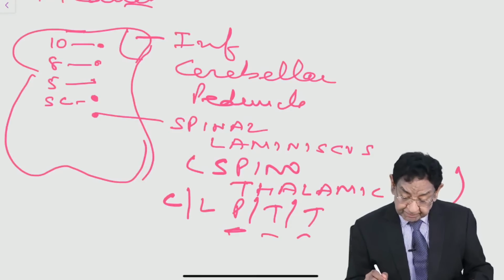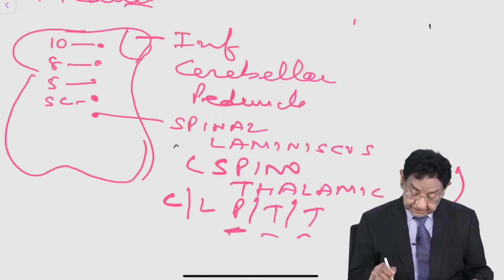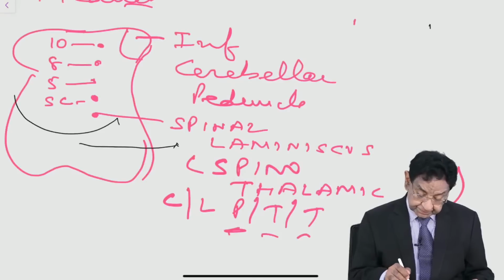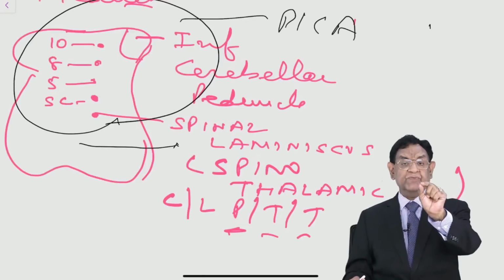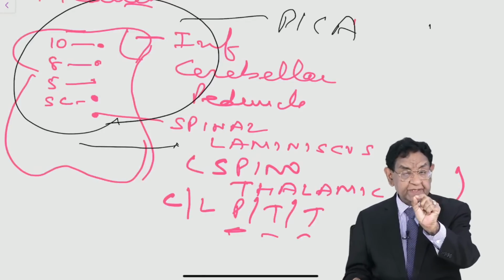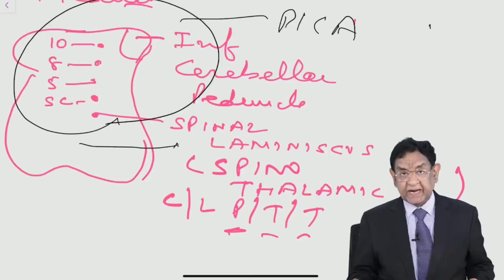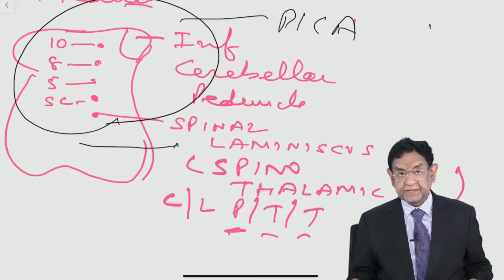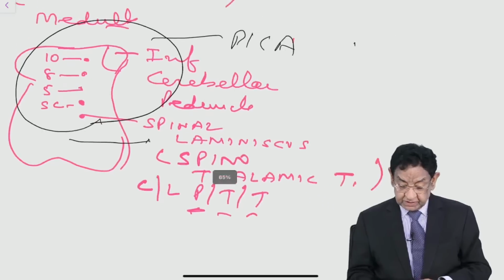Now this part of the brain is supplied by a branch of PICA. PICA is, write down the full form, posterior inferior cerebellar artery. Posterior inferior cerebellar artery.